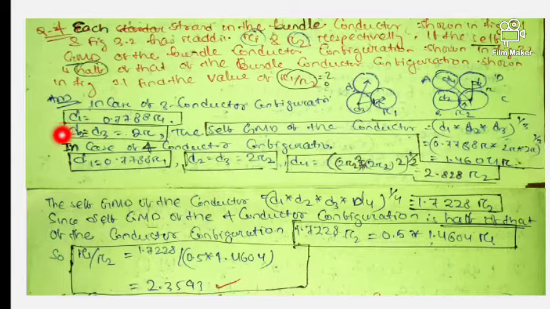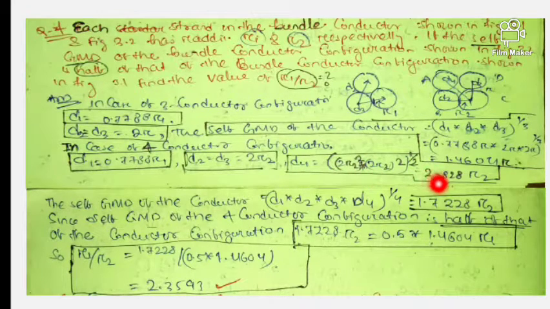So for self GMD we need first D1 that is equal to 0.7788 R1, D2, D3 is equal to 2R, this is your D2 and this is your D3 is equal to 2R. In this case D1 is equal to 0.7788 R1 and D2, D3, this is your D2 and this is your D3, that is equal to 2R2, and D4 is equal to, by applying the Pythagoras theorem here, hypotenuse square is equal to b square plus b square, then you will form these terms.